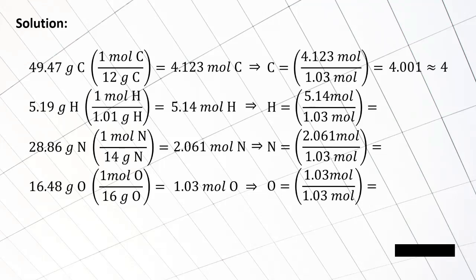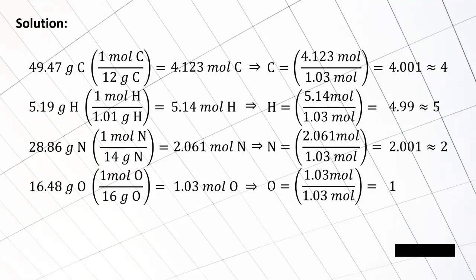And since we're dealing with ratios here, we will round off our value to the nearest whole number, which in this case will be 4. Next, for our hydrogen, simplifying the equation, we will get 4.99, which will then be rounded off to 5. For nitrogen, by doing the same process, we will have 2.001 as a result, which will be rounded off to 2. Lastly, for our oxygen, 1.03 moles divided by itself, we'll get 1.